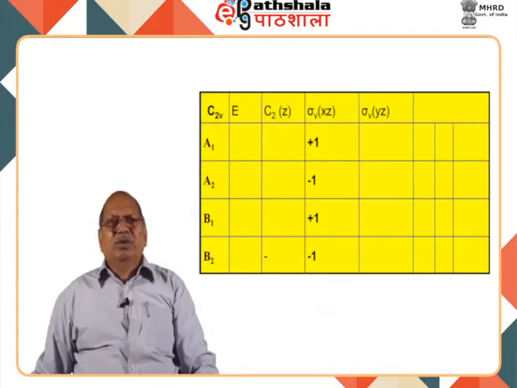As given over here, for A1 and A2 we look at sigma v xz, and for B1 and B2 we look again at sigma v yz. That is, in this we have plus and plus, minus 1 and minus 1. For A2 or B2, it is antisymmetric with respect to sigma v.